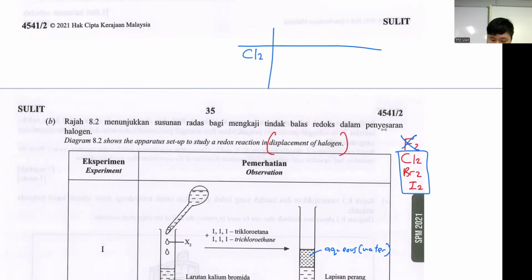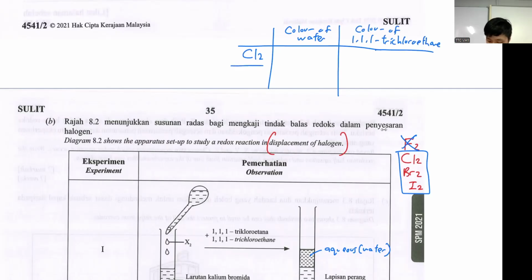If you have chlorine, there are two colors: the color of the water layer and the color of the 1,1,1-trichloroethane, the organic solvent. For chlorine, both layers are pale yellow.